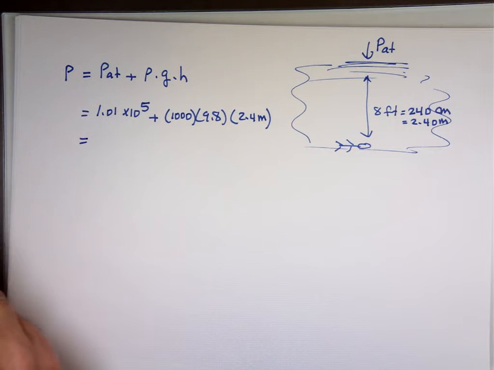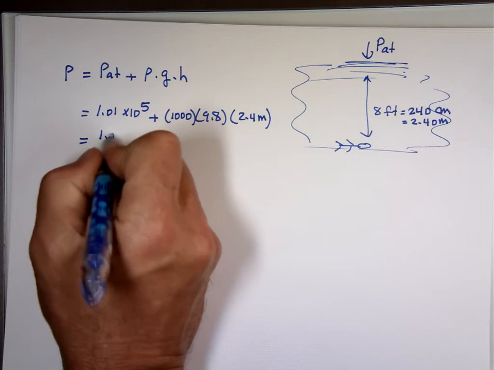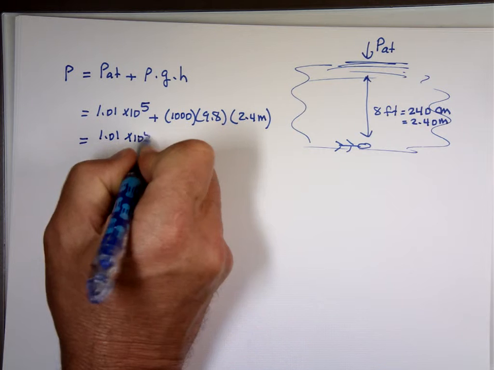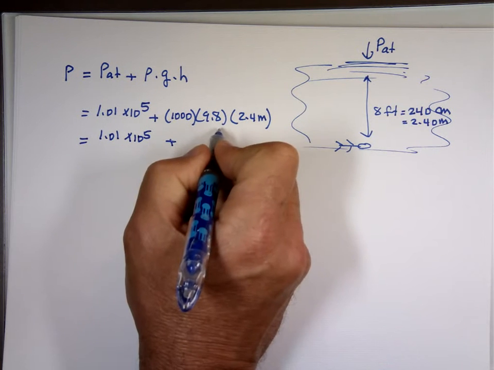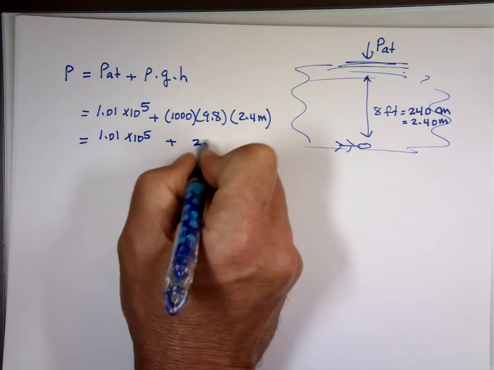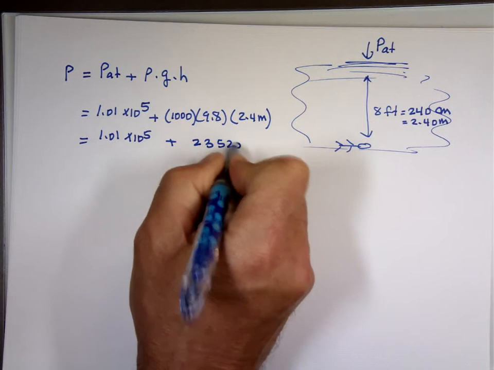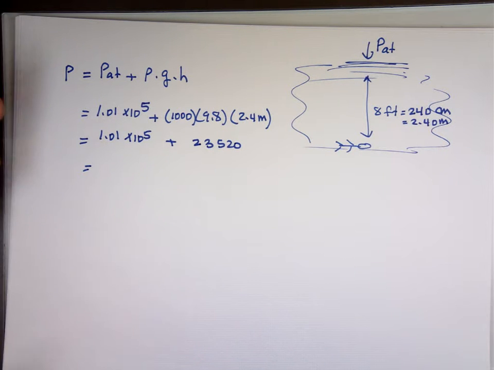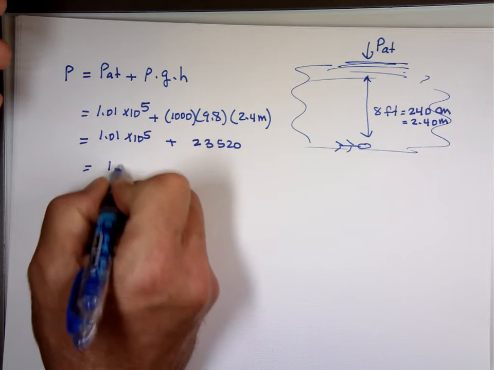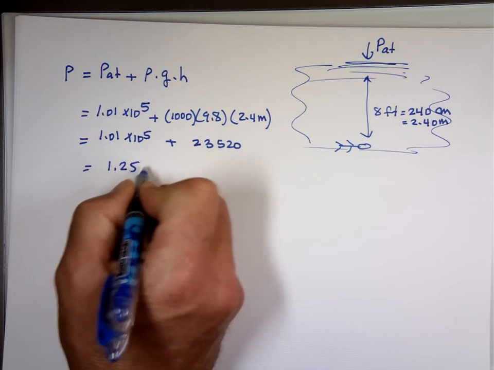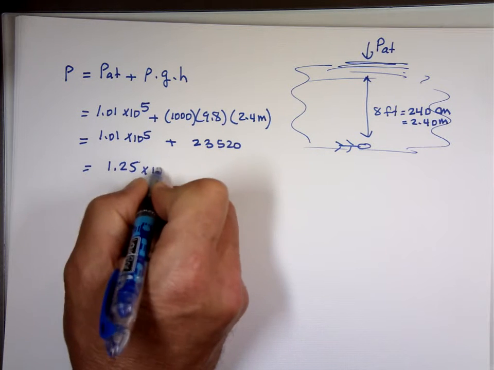Add to it, so this is 1.01 times 10 to the fifth, add to it the result of this, which is 23520. And the result is 1.25 times 10 to the power of 5.